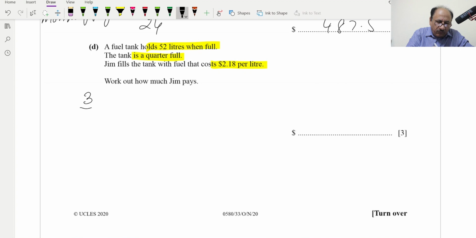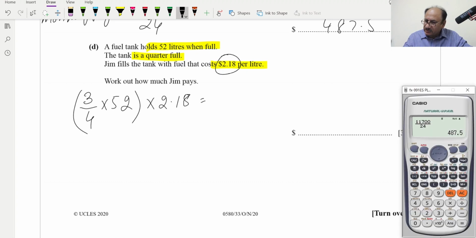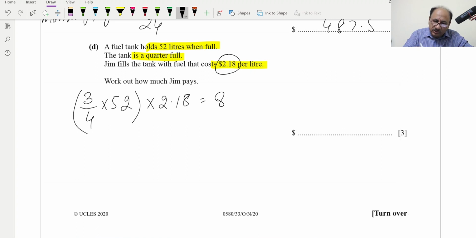So 3 by 4 is unfilled, and the price is 2.18. So this will give us the payment which Jim has made: in brackets 3 by 4, multiplied by 52, and this is again multiplied by 2.18, and this is equal to 85.02. 85.02 will be our answer at the proper place.